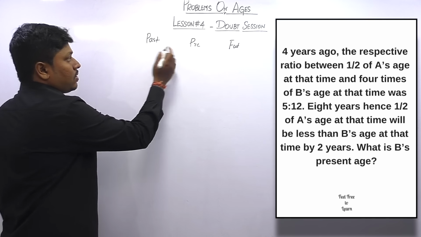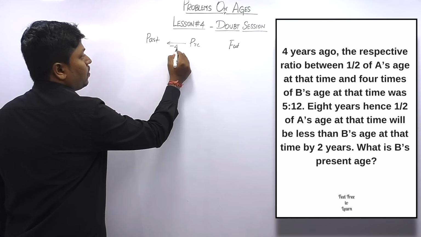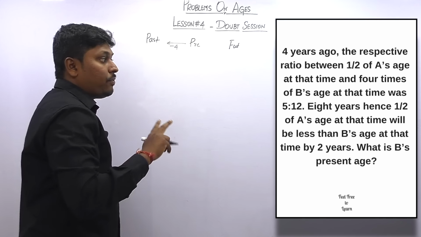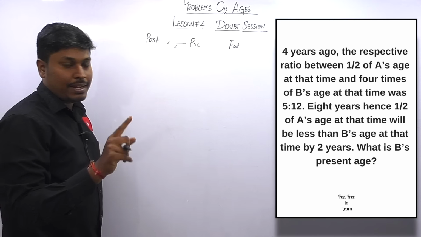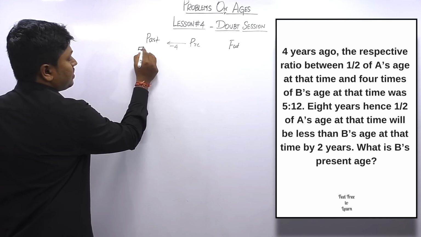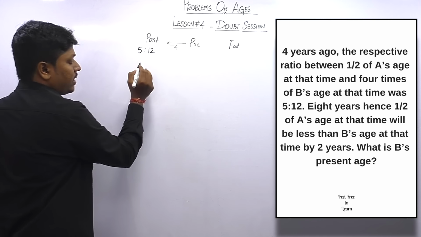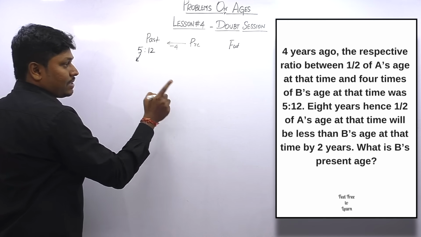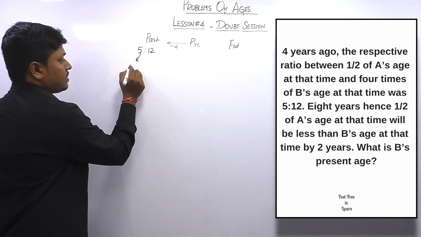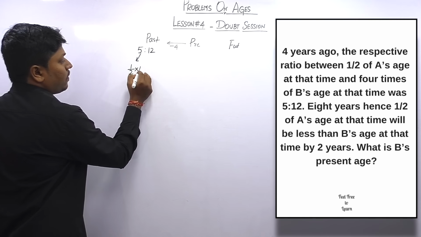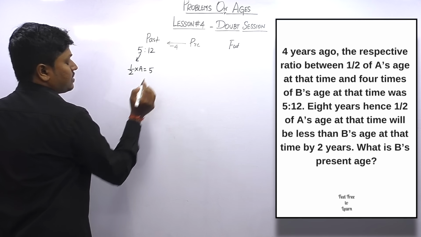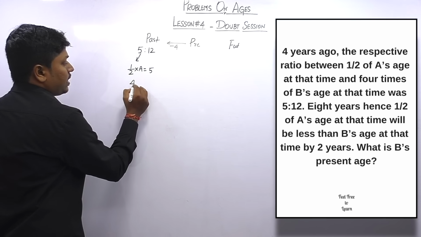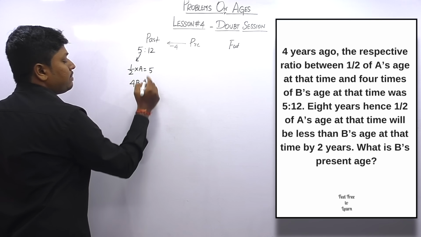So 4 years ago, from the present, what they are saying is 1/2 of A's age and 4 times B's age is 5:12. Listen carefully. They have given a ratio 5:12, and what they are talking about is 1/2 of A's age. So 1/2 of A is 5 parts, and the next point is 4 times B's age, and we know the B part is 12.